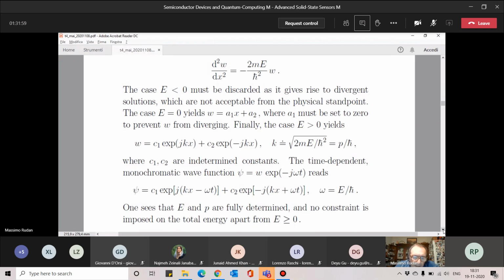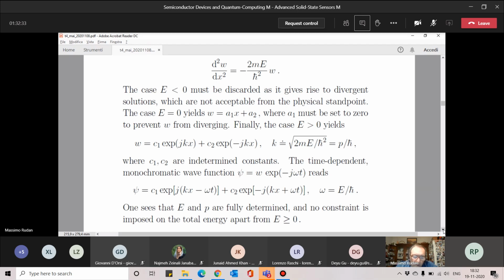One block is C1 exponential of j(kx minus omega t). And what is this? This is a planar monochromatic wave with wave vector k and angular frequency omega. And this planar and monochromatic wave propagates along the x-axis in the positive direction of the x-axis.